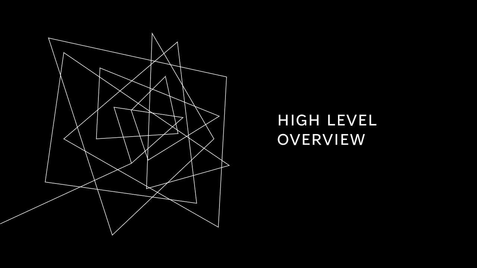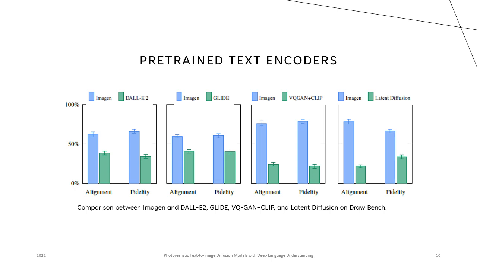So we'll move on now to a little bit more of a high-level overview, looking at the different components that have made Imagen work, as well as what makes it unique. And that's going back to that first thing discussed. We were talking about the language transformer. Now, typically, when you are developing a model like this, where you're taking text input and you're producing an image output, these are typically trained by using an image-text data set.